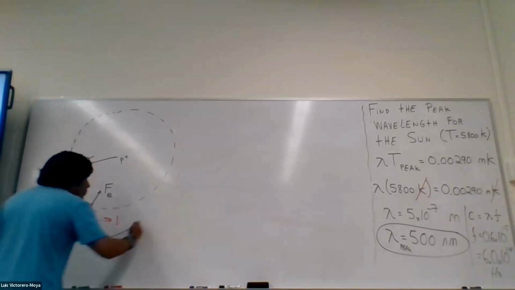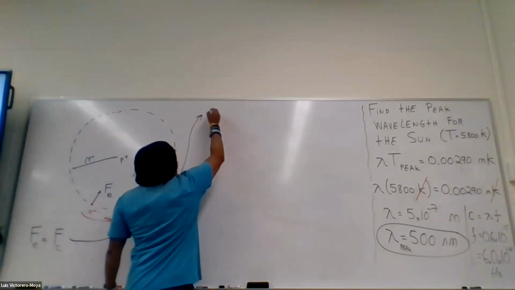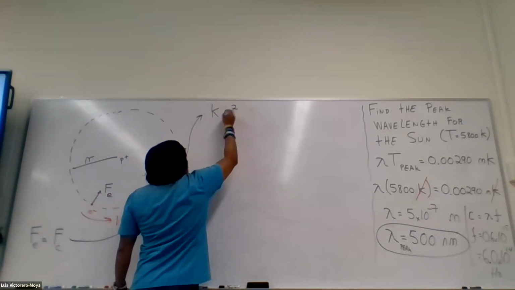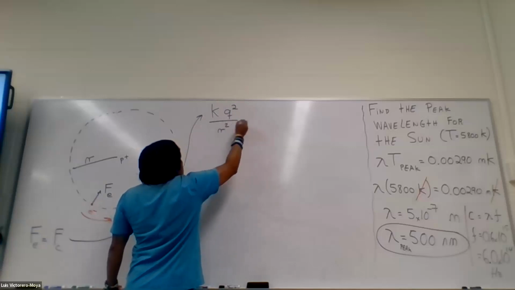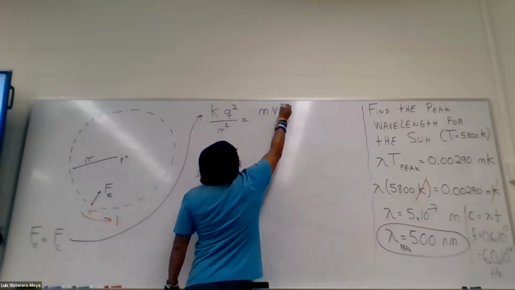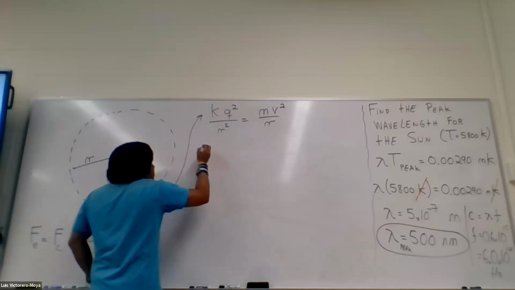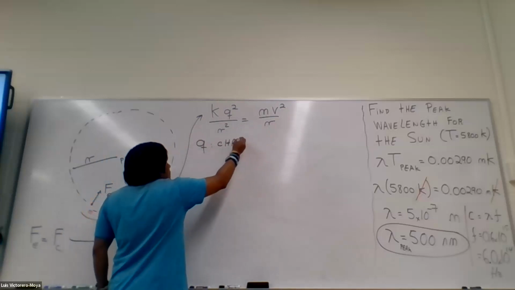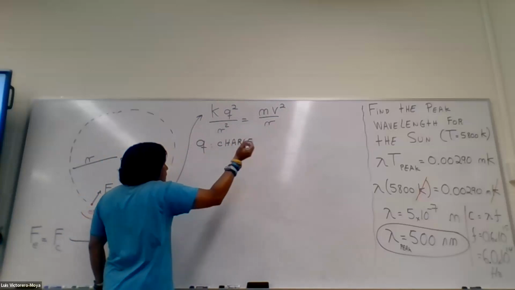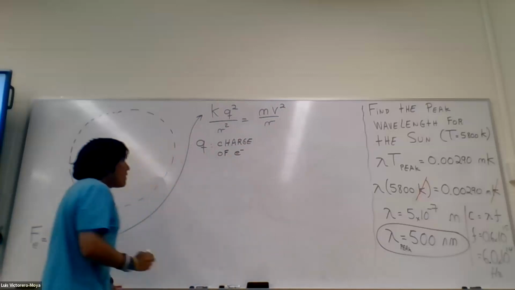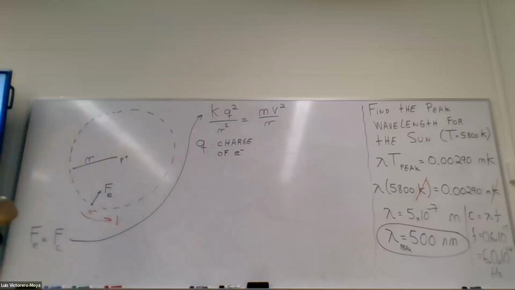So the first equation will be Coulomb's law divided by, okay, and let's say here Q is the charge of both electron and proton, right? All right. I showed, well, it was on the slides in chapter 15.